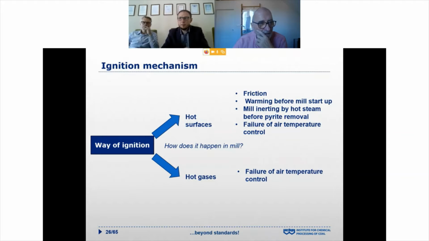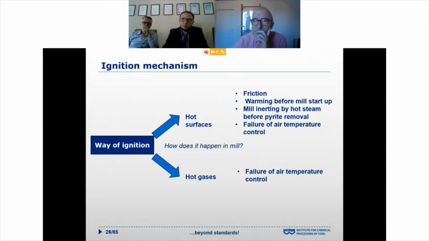The second way of hot surfaces is the warming of the mill before the mill start-up. This is the typical process in mill engineering.